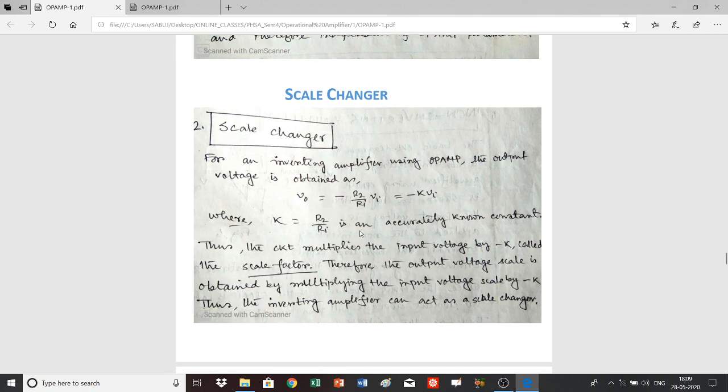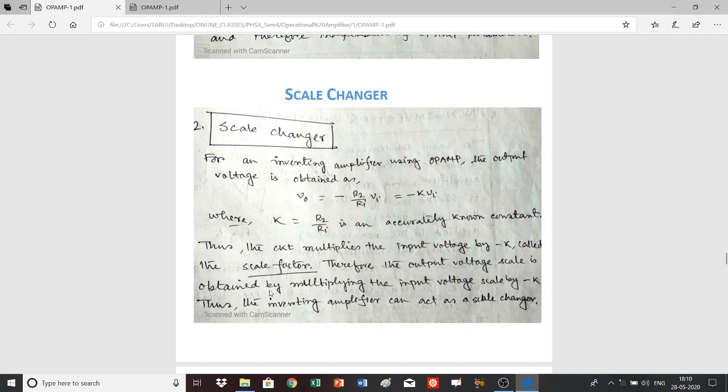And it is an accurately known constant, because in implementing the circuit, you can choose R2 by R1 according to your wish. So the output that you will get from this circuit is nothing but the product of the input voltage and this constant K. That means the output voltage scale is obtained by multiplying the input voltage scale by the factor K, which is called the scale factor.